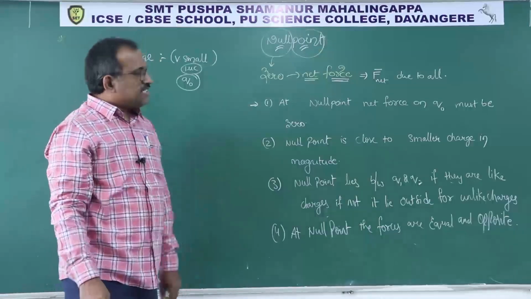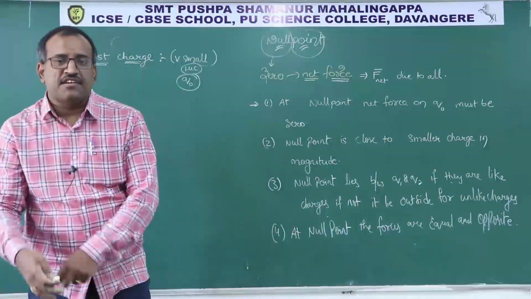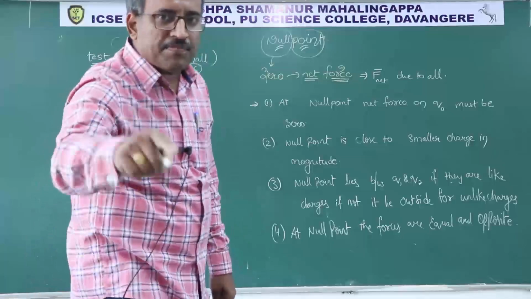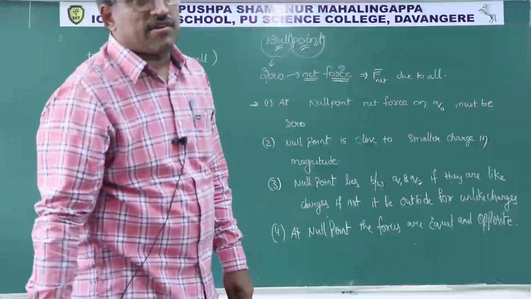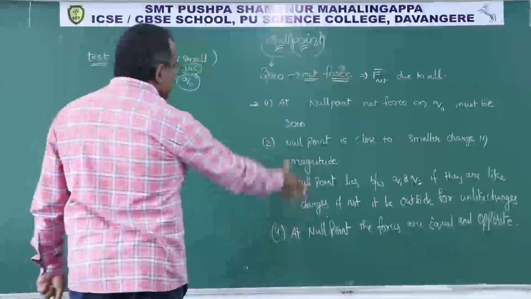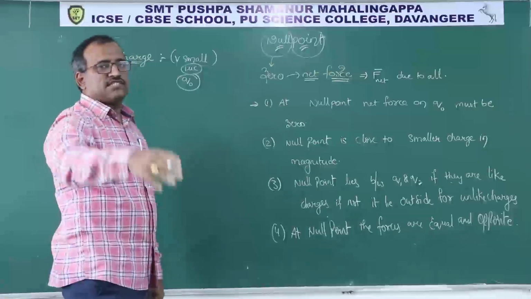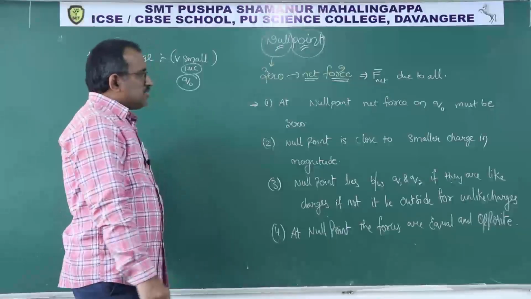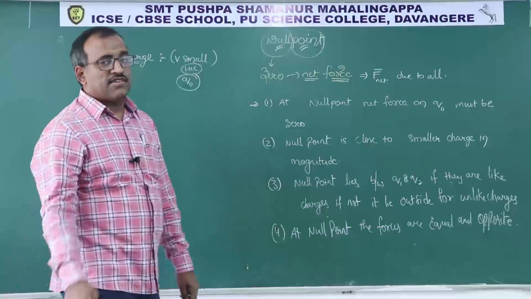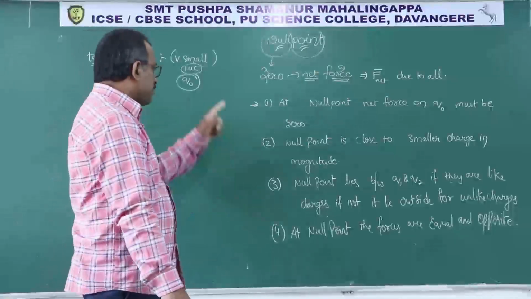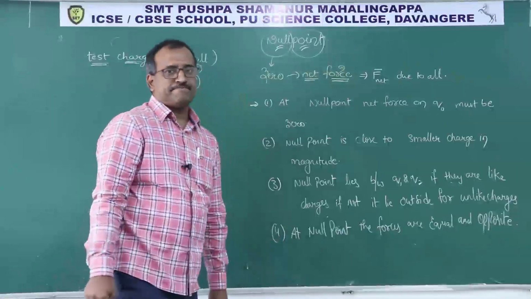These 4 points are mandatory to all of you. So please try to understand every time you should cross check. For every question there are 4 options. Even for this question all 4 options must satisfy.